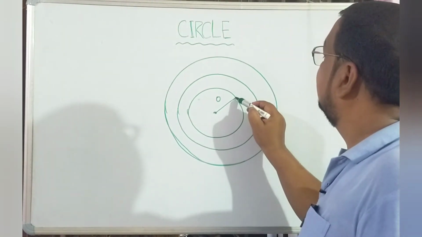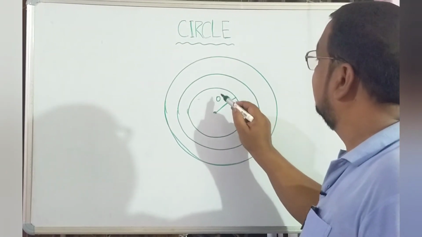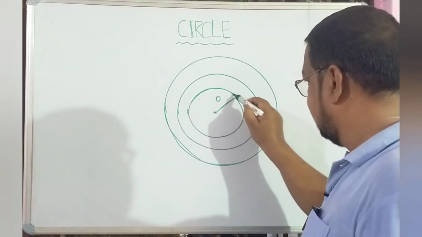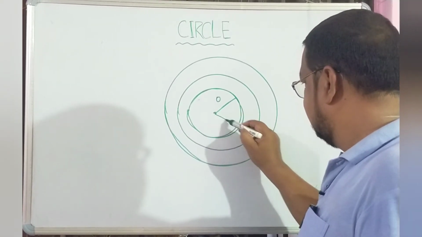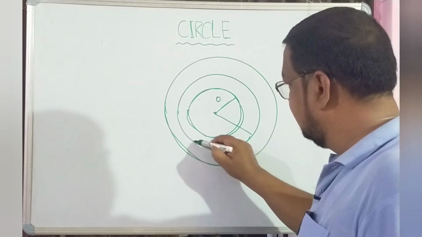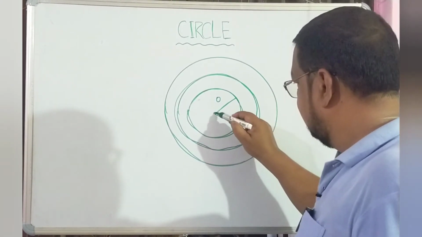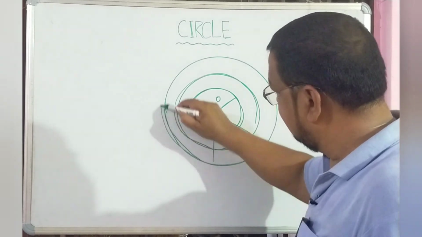This is the radius of this circle, this is the radius of this circle, and this is the radius of this circle. And this is the radius of the outer one.